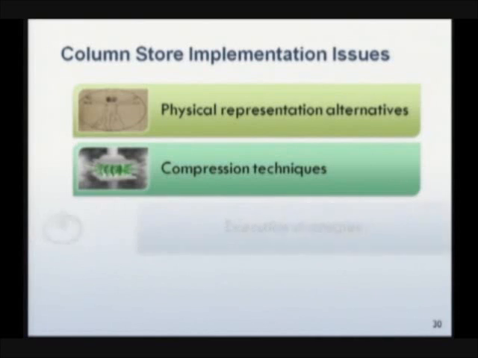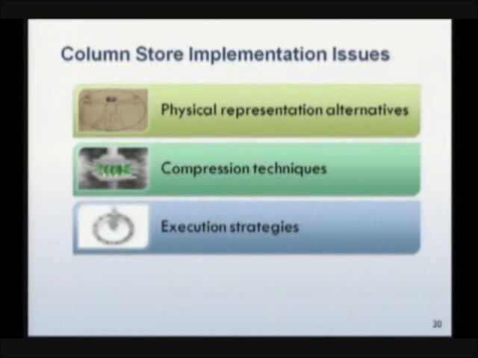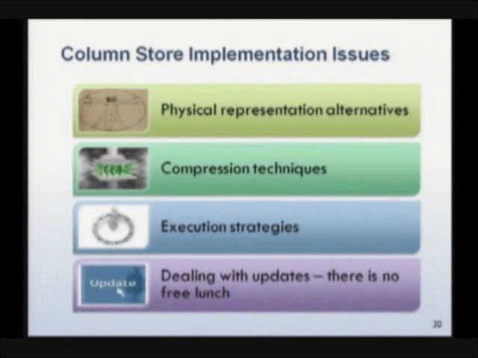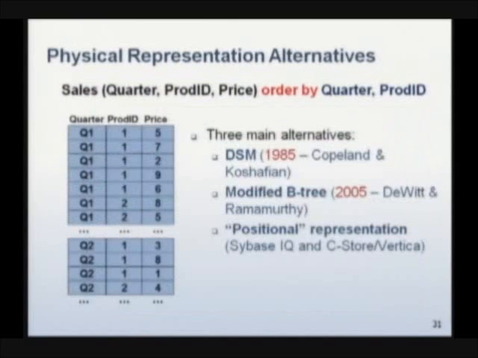I'll talk about execution strategies, because to have a good column store implementation, supporting queries on this representation requires changing the way you actually execute the queries, and it changes the query engine. You can't just glue this thing on to your database system, as some of our competitors have done. Dealing with updates. Sorry, there's no free lunch when it comes to updates. You're going to pay a price. You're going to get great read performance. You're going to get bad update performance.